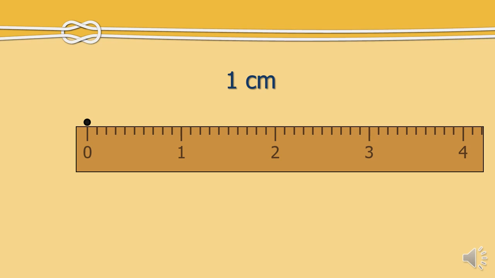And you want to make it 1 centimeter long, so you can see here where your ending dot would be. And now you can use the ruler to help you draw a straight line between the 0 and the 1. There you have it.